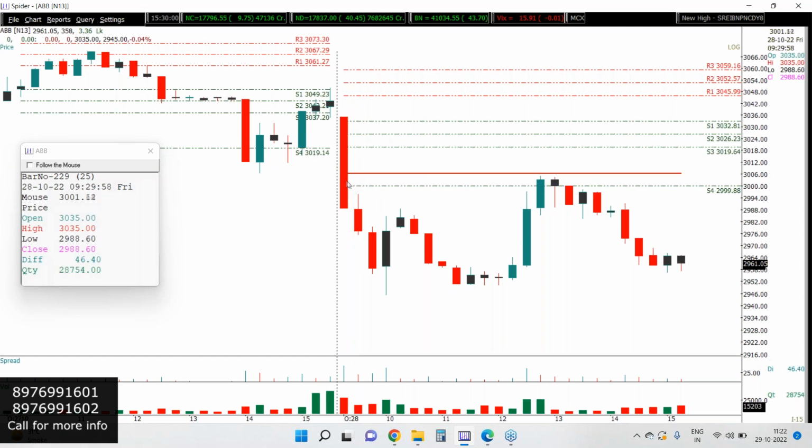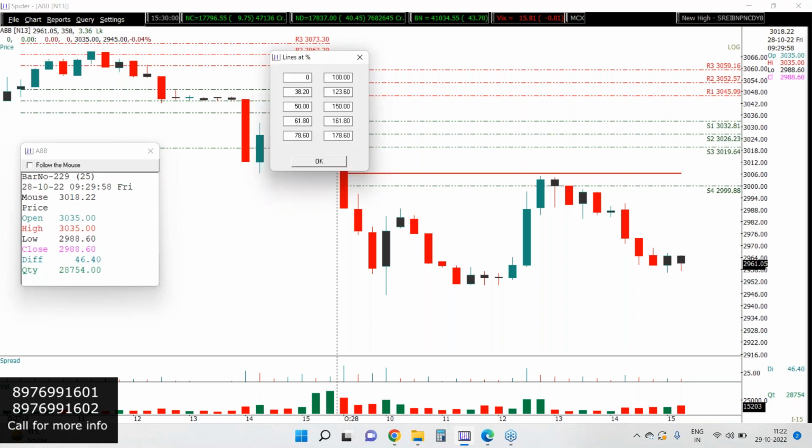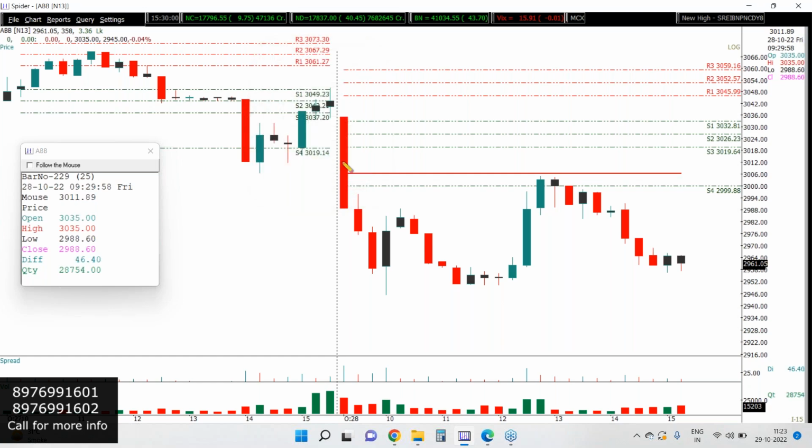So what you can do, if a candle is long, first option you can ignore. Second option, you can take a retracement. For retracement, you can press R and take 50% of the candle retracement. So I'm taking this candle's high and low.